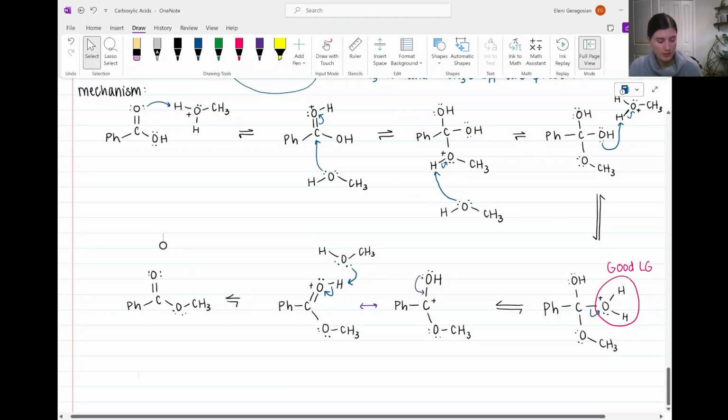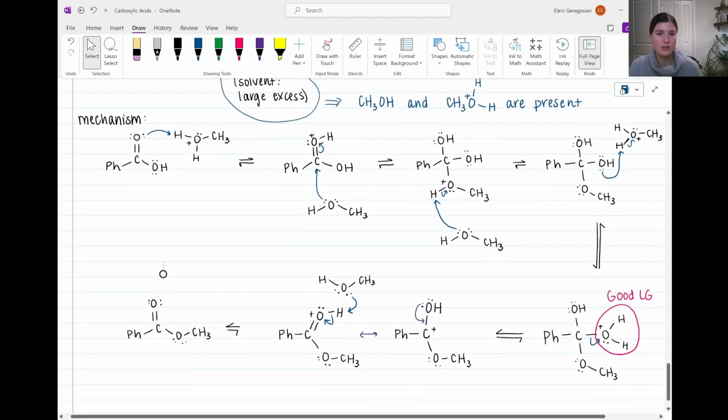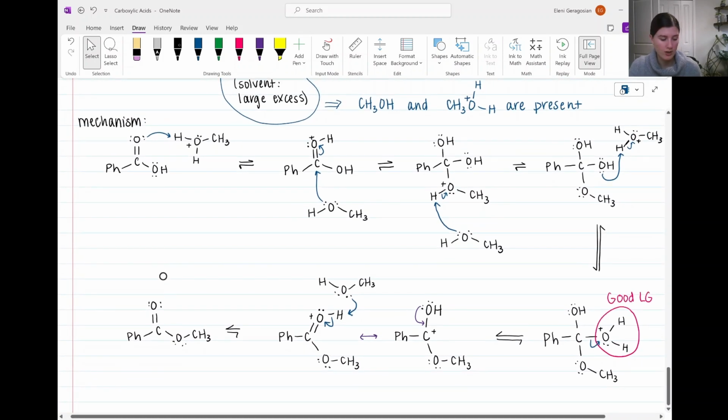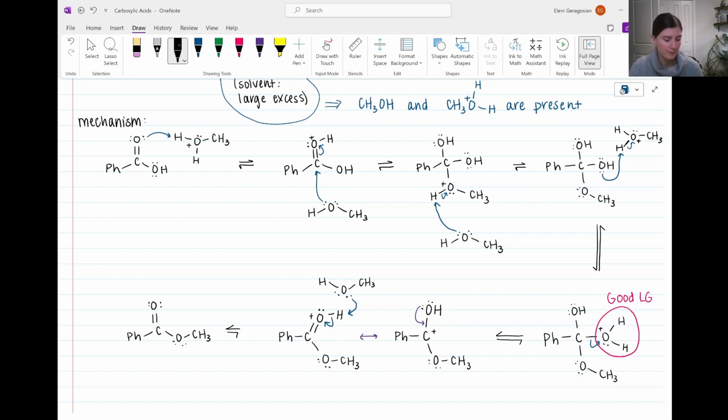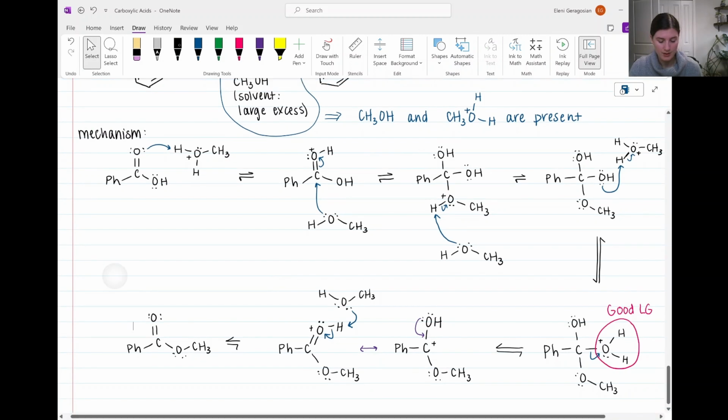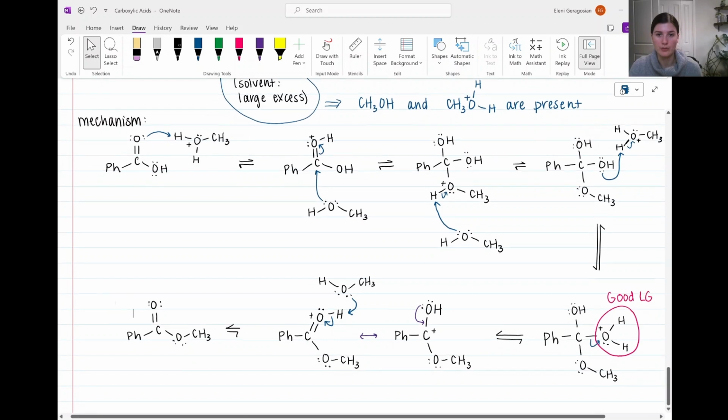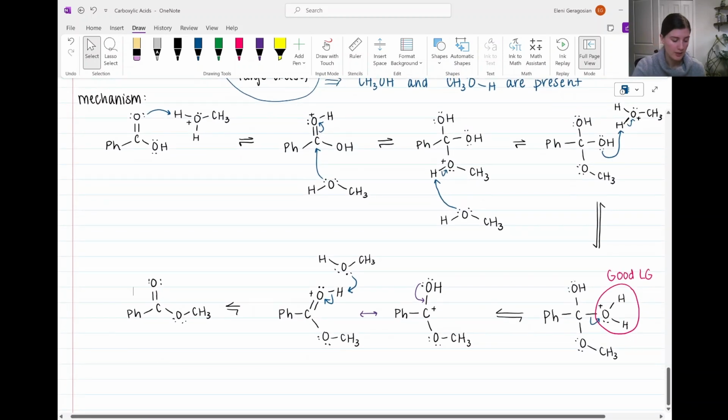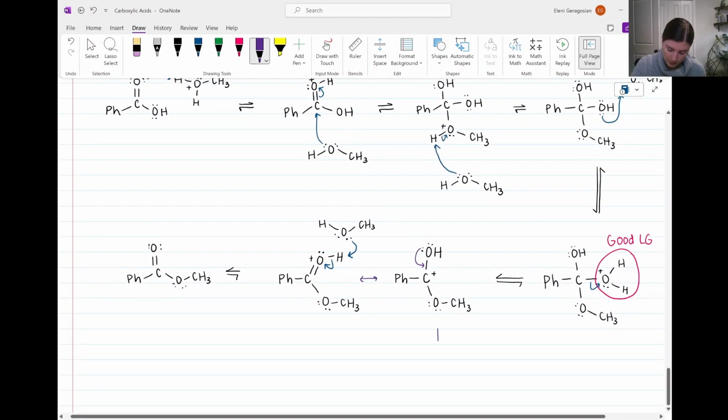So let's look in a little bit more detail at the resonance structures that we've drawn. We'll draw all of the major resonance structures for that intermediate. But as it stands here, this is the complete mechanism for the Fischer esterification. But let's draw a little bit more resonance here so we can understand the properties of this molecule.